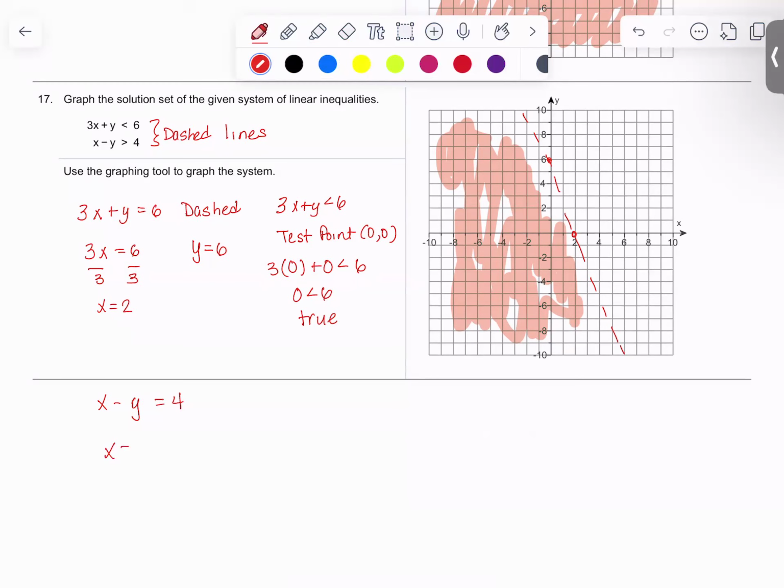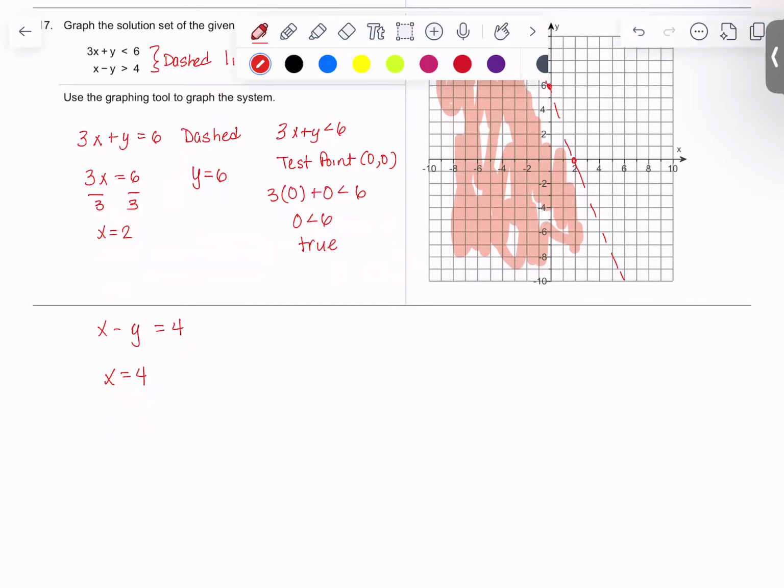So the x-intercept, set y equal to 0, is going to be 4. Set x equal to 0, and the y-intercept is going to be negative 4. Okay, so we're going to graph that. So we have y is negative 4 and x is positive 4. And we're going to again graph that as a dashed line.